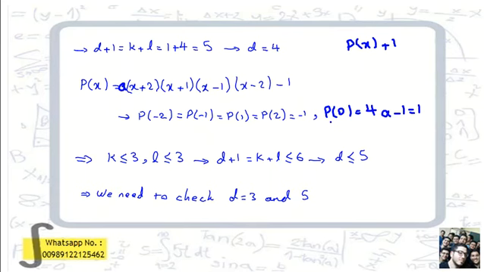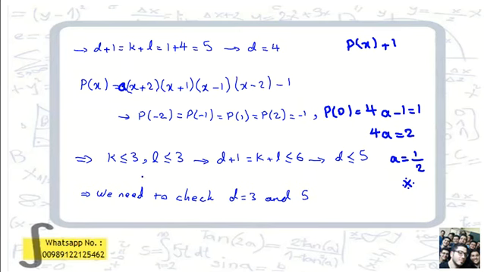So if you consider that it would be 4a equals 2 and a equals 1 half, and if you replace a with 1 half here, then the coefficients are not integers. So we've concluded that for d equals 4 we don't have any answer.